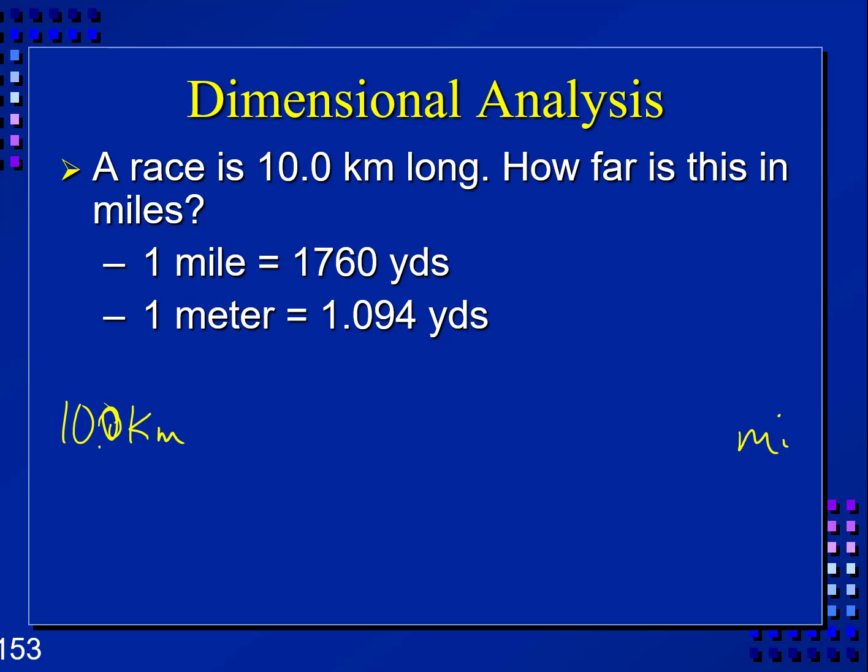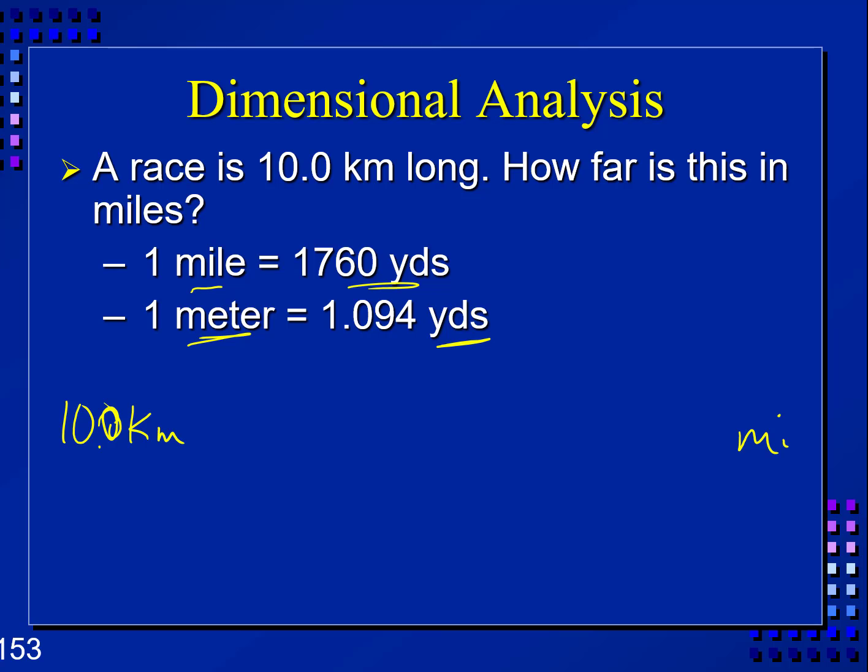But miles I could get from yards, right? And yards I could get from meters. So if I can get to meters, I can get to miles. Can I get to meters? Well, kilometers to meters, I'm supposed to know that one.